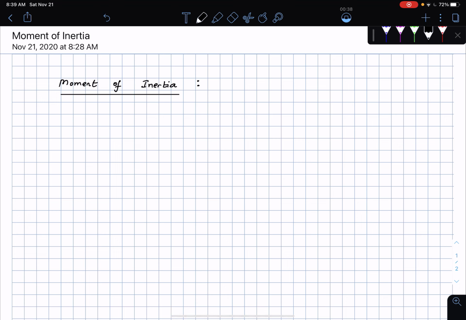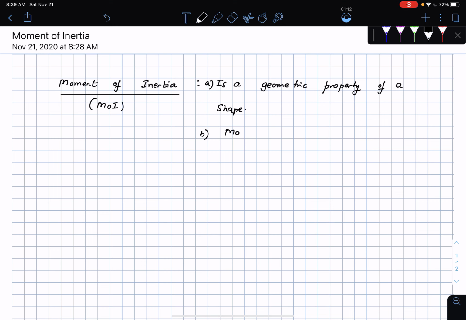So the moment of inertia is a geometric property of a shape. It essentially tells us, or it's a measure of, the distribution of the area of the shape about a particular axis. In that sense, my shorthand notation for moment of inertia is MOI.